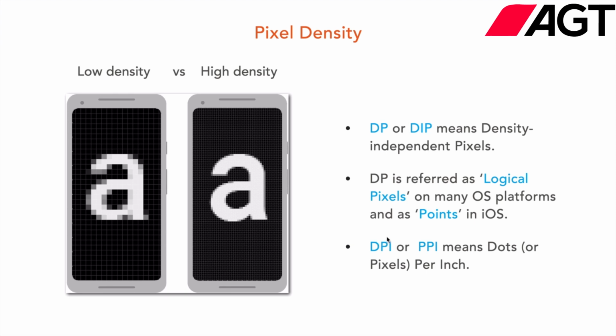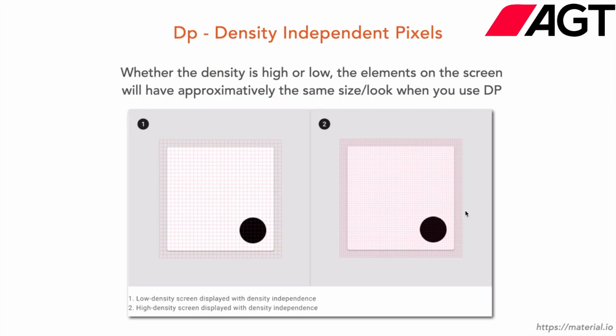And there is another term called DPI or PPI, which means dots per inch or pixels per inch, which simply means how many pixels have been packed in 1 inch. So by using the unit dp inside your app, you would have the UI elements look the same size irrespective of the screen density.